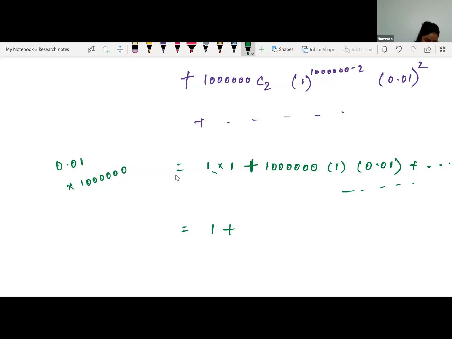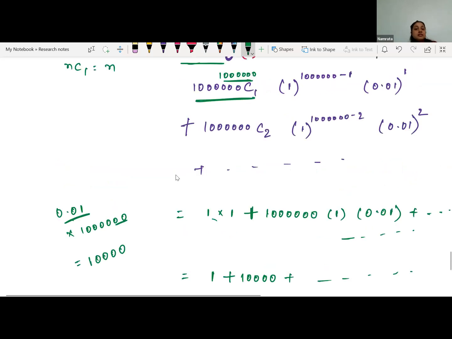Six zeros are there, let me count: 1, 2, 3, 4, 5, 6. Yes, six zeros. If we do the multiplication, can you see 2 zeros will get absorbed here? Yes, ma'am. So we will be left with 1, 2, 3, 4, plus the remaining terms. Is it clear so far? Yes, ma'am. So we will have 10,001 plus the remaining terms, right?